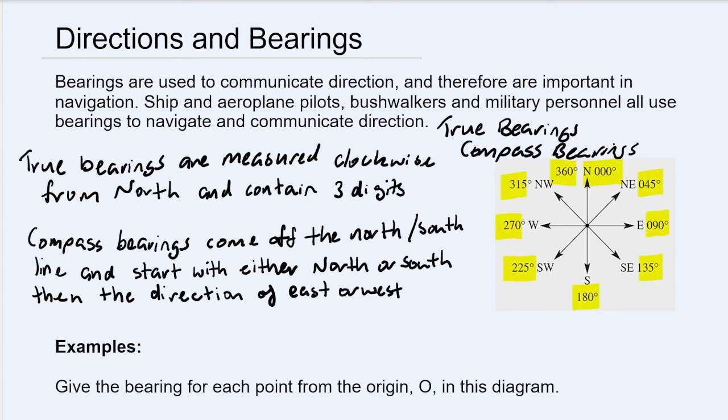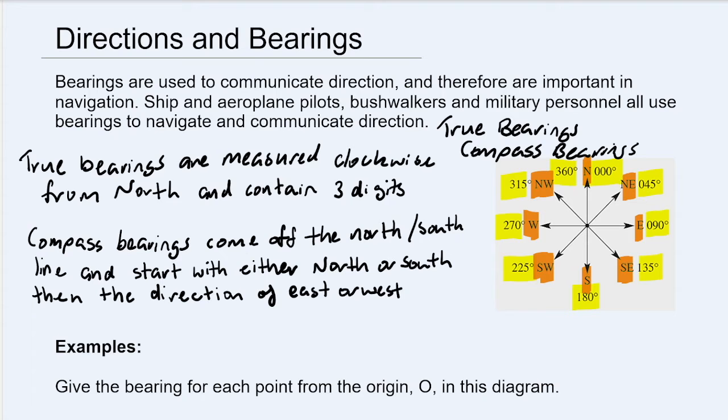That is something such as what's written there. So we've got north, northeast, east, southeast, south, southwest, west, northwest. So we might say that northeast is actually north 45 degrees east. So that's how we would look at it.